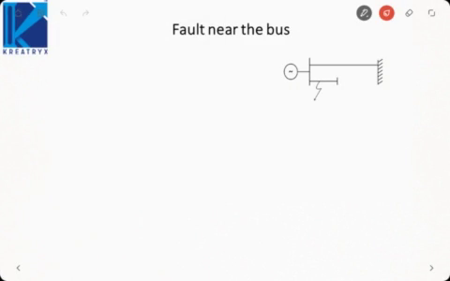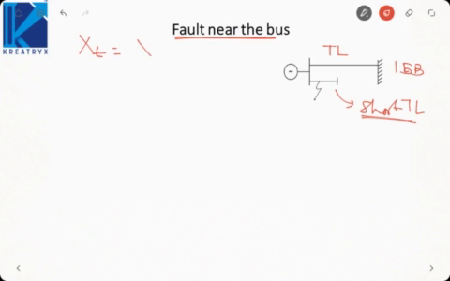Let us consider the next case when the fault occurs near the bus. So here what is happening is, this is my transmission line, this is infinite bus bar, this is my short transmission line. Now if fault occurs near the bus, the reactance up to fault will be equal to the reactance of the generator, because there is no reactance of the transmission line, but reactance up to load is equal to xd plus x line, which is much greater than xd.